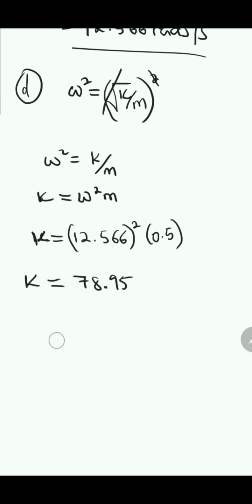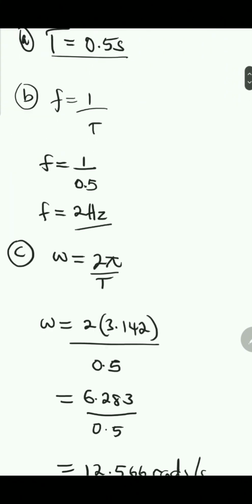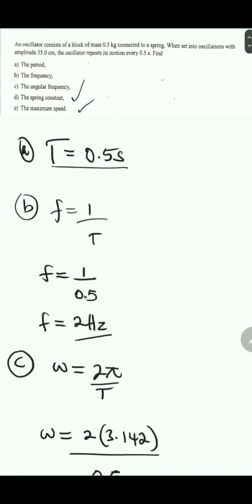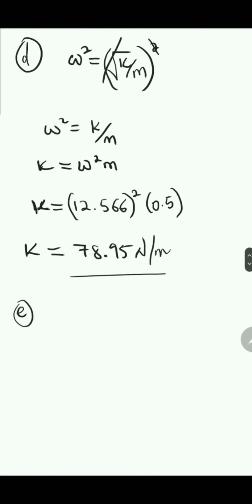So these are the units for the constant we're looking for. Upon finding the values, we say that the spring constant will be equal to 78.95 newtons per meter. That's our answer. We now go to the last part, which is E, looking at the maximum speed.